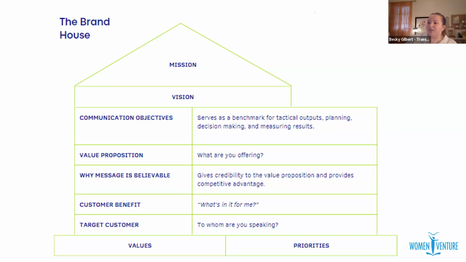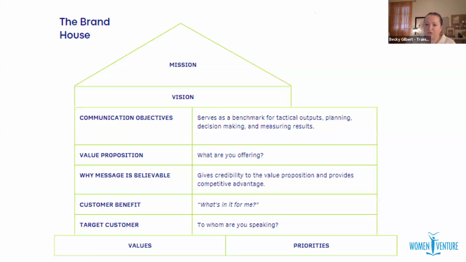Communication objectives serve as a benchmark for tactical outputs, planning, decision-making, and measuring results. What do you want to be communicating? What do you want people to understand? Your value proposition, we talked about in session 1. This is what sets you apart, what makes you unique in your market. Then, why your message is believable.